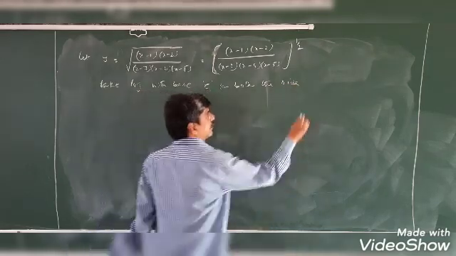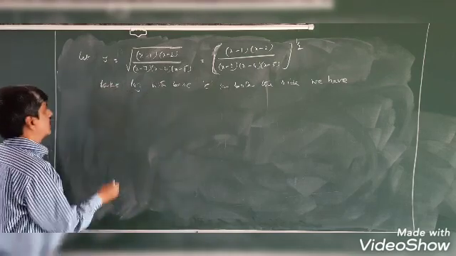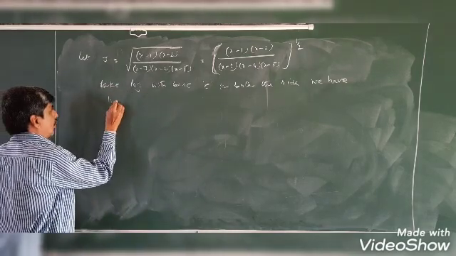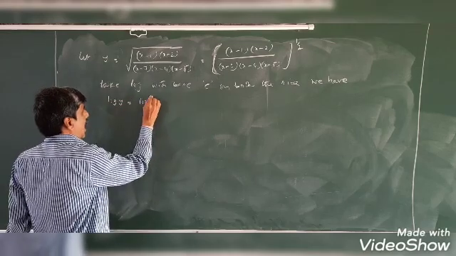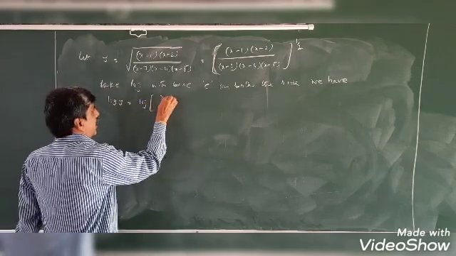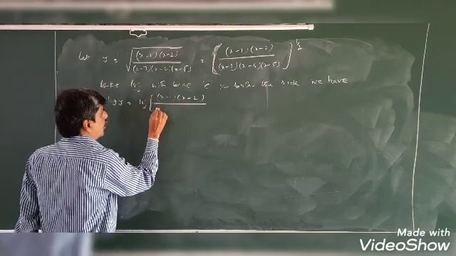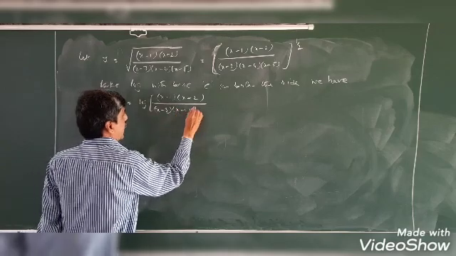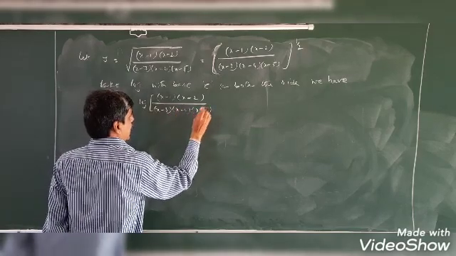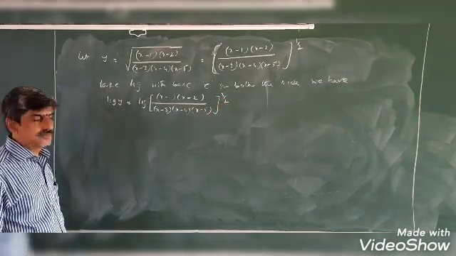We have log y is equal to log of (x minus 1)(x minus 2) by (x minus 3)(x minus 4)(x minus 5), whole to the power of half.